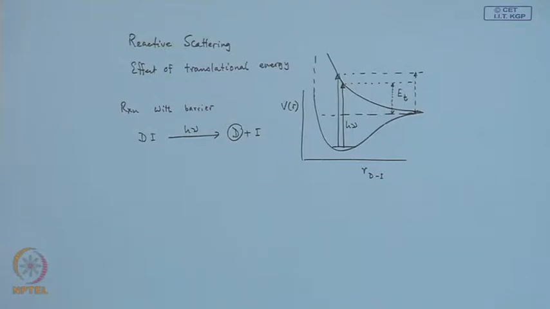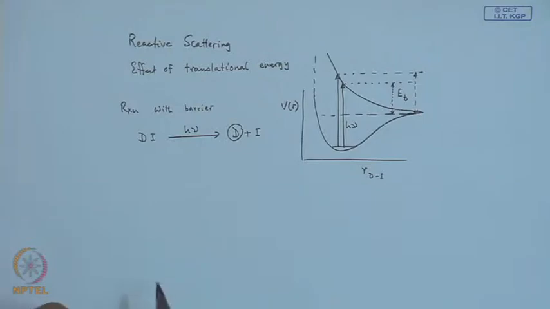So, E0 is the minimum energy to surmount the potential energy barrier. If your energy is just sufficient to surmount the potential barrier, maybe that is not sufficient because there is a centrifugal barrier.